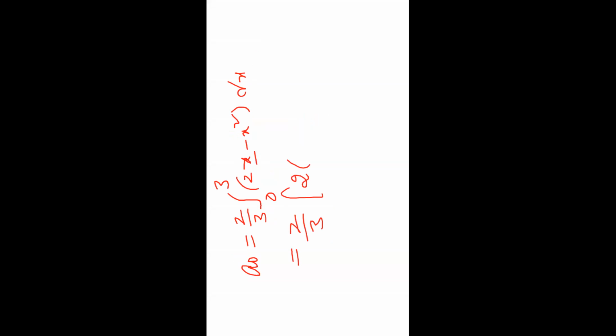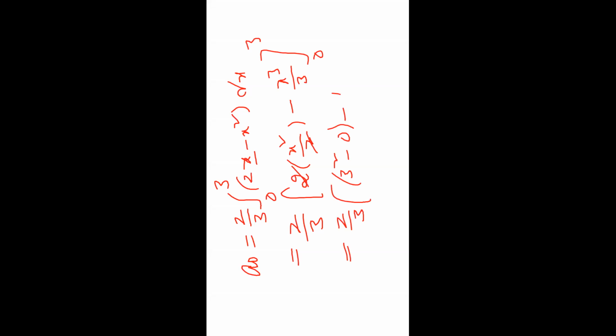Integral of x is x square by 2, minus integral of x square, x cube by 3, in the formula of x power n. The formula of x power n equal to x power n plus 1 by n plus 1. So 2, 2 cancel. 2 by 3, replacing the upper limits, 3 square minus 0, and minus 1 by 3 into 3 cube minus 0.